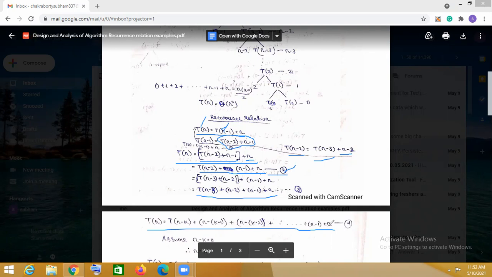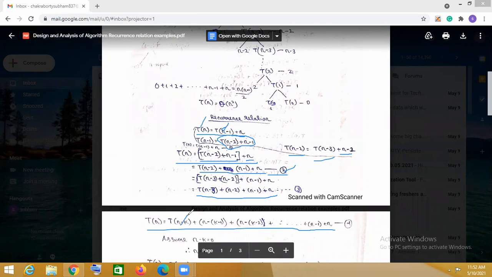As I have already told, our main motto is to get T0, because if this becomes T0, then our recurrence relation will be completed. So for this, you have to assume n minus k equals 0.